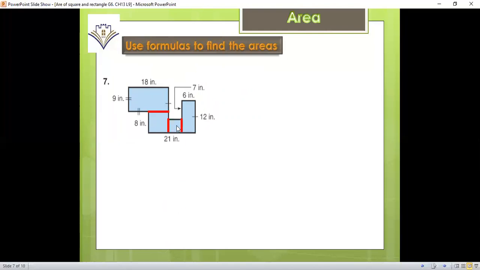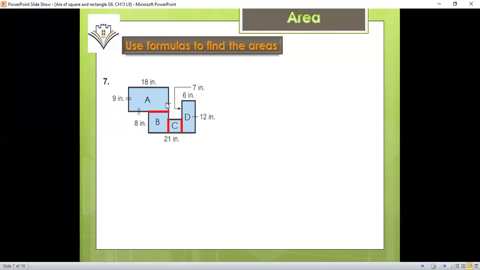The first part is what we call A, the second is B, the third is C, and the fourth is D. Then we have A, B, C, and D.